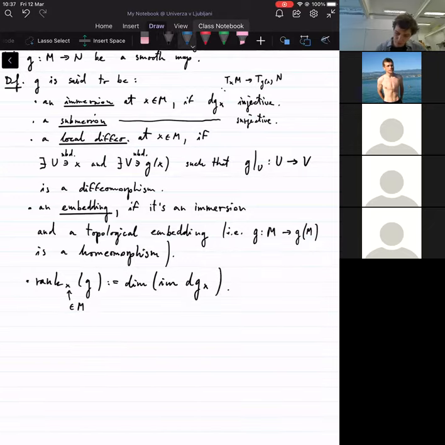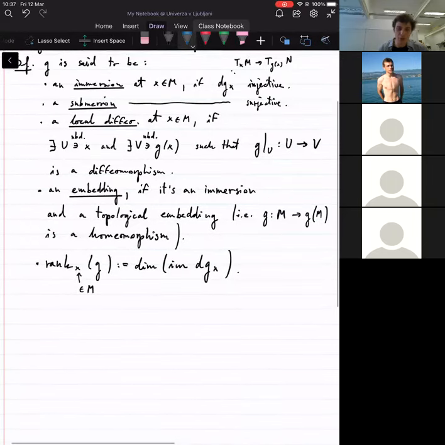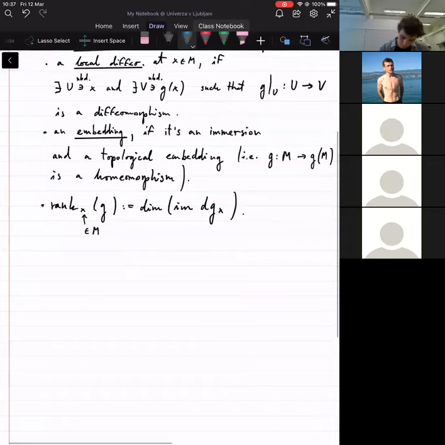So can you think of any easy examples for an immersion and a submersion? A submersion would be a projection. Yeah, of Euclidean spaces, right?